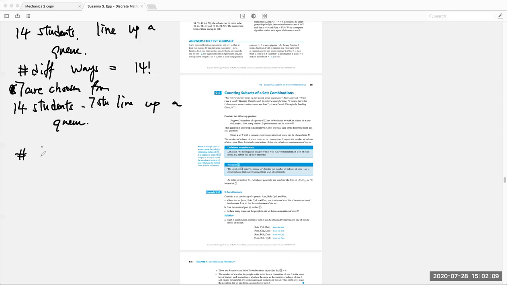So what is the number of different ways to line up? It's just like the definition of NPR. So it should be 14 times 13 times 12, and so on until before 7. Or you simply put it like this: 14P7.